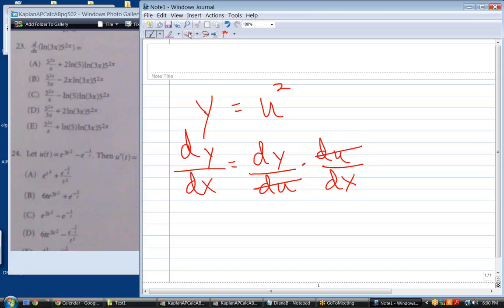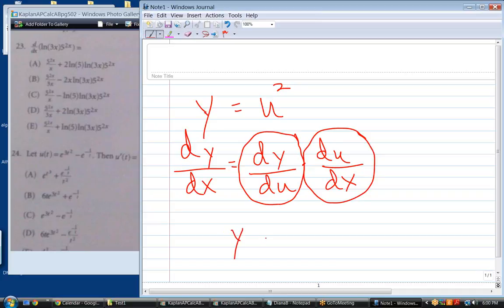So if you're ever having to remember this, notice that this is the derivative of the outside. That is the derivative of the inside.